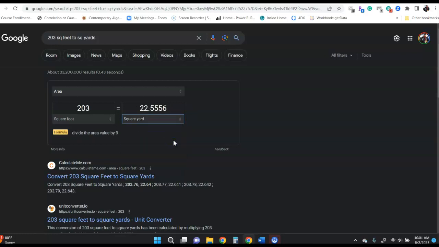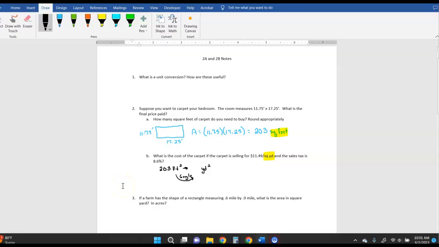So we end up with 22.5556 square yards. That means we actually need to buy 23 square yards.